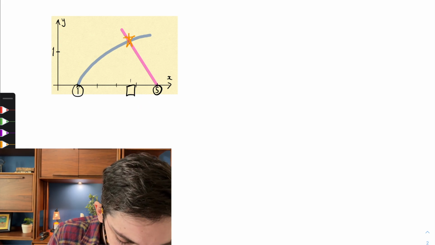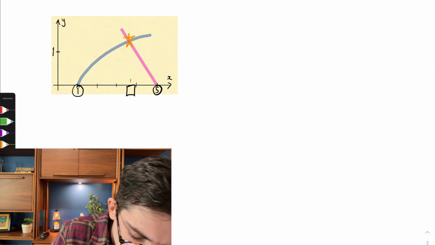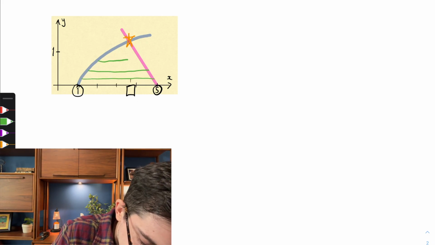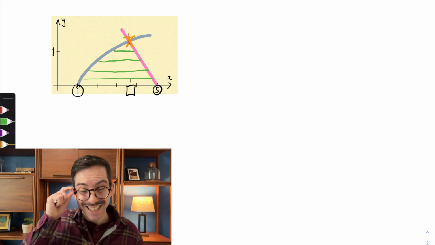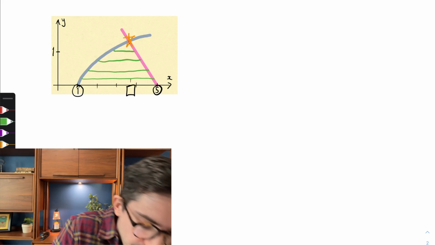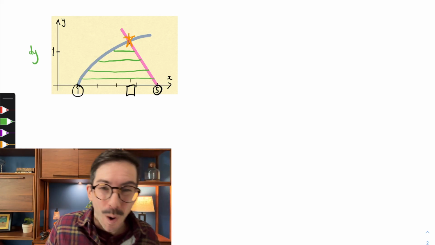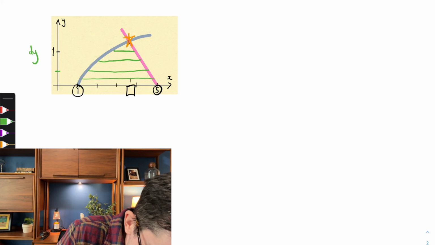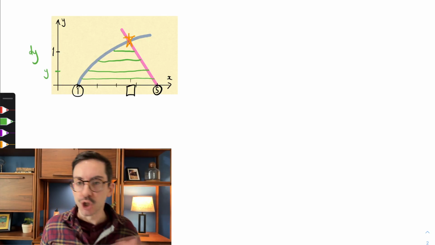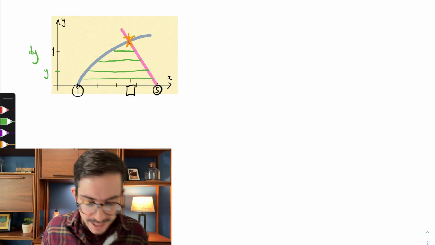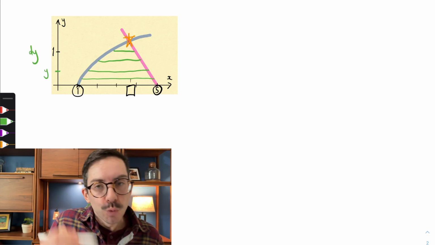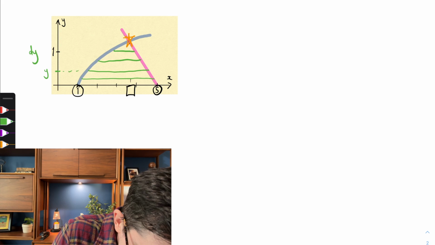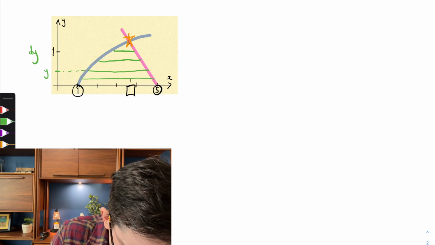So I could use horizontal rectangles to approximate this area. When I do that, remember that means I'll be using a dy integral. The reason you might want to do this is that at a particular generic y value on the y-axis, I now don't need to worry about splitting my function in two.